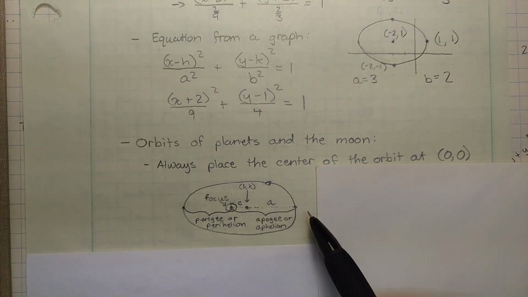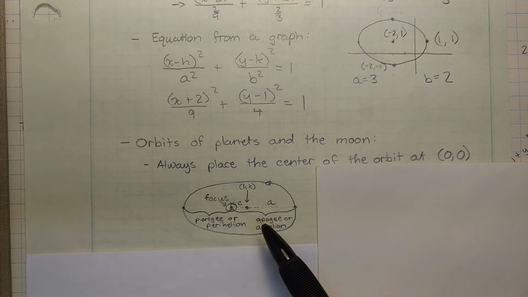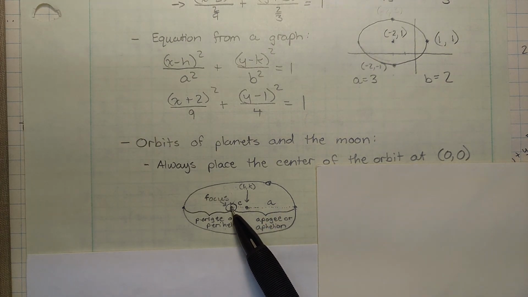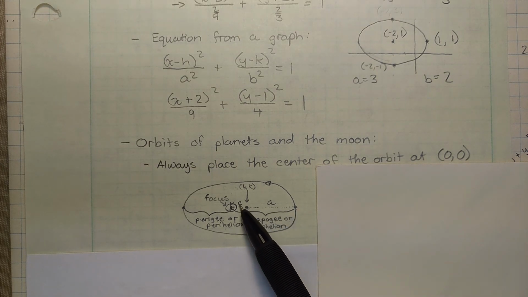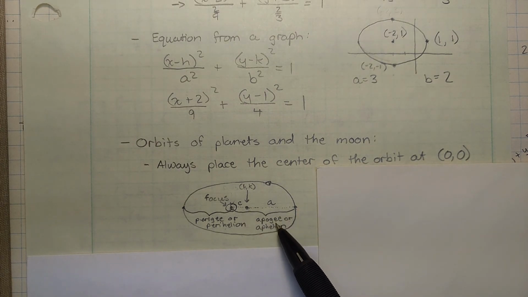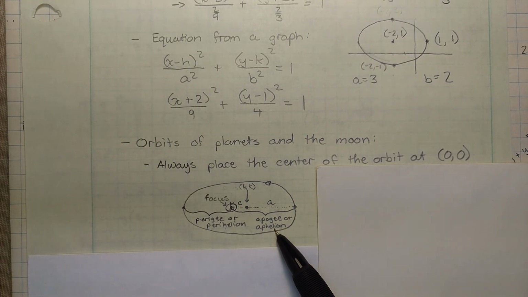A is our distance from the center to a vertex, but the distance from the orbited body all the way out to a vertex, that long distance, notice that's a plus c, we call that the apogee if we're talking about the moon around the Earth, or we call it aphelion if it is a planet around the sun.